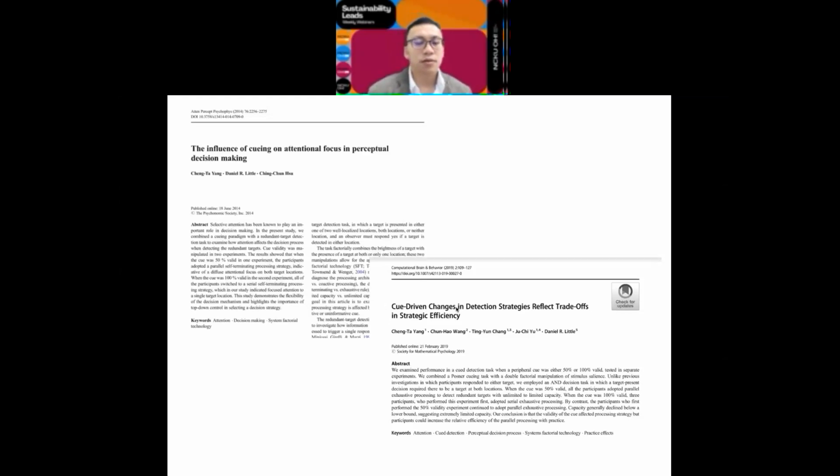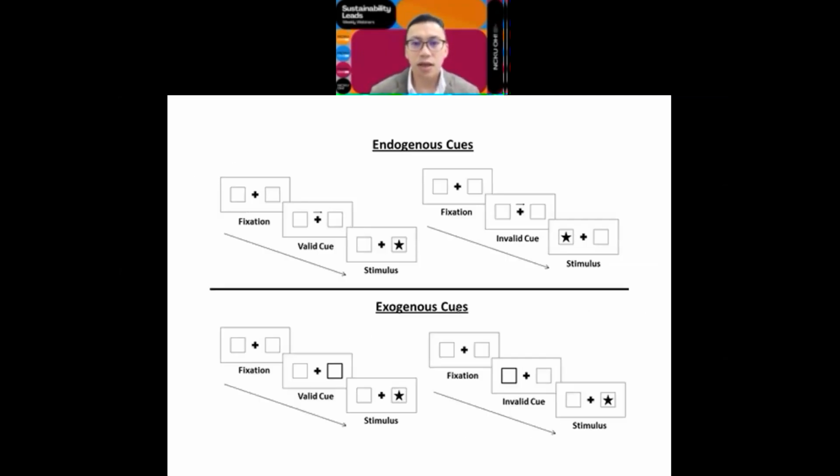I also published several works related to this theme, and in these works, we combined the Posner Cueing paradigm with the SFT double dot detection task.